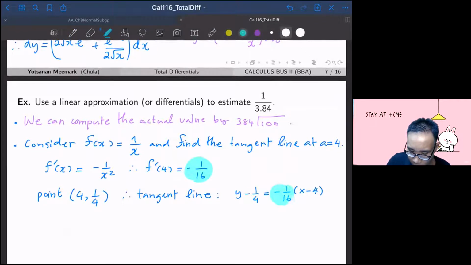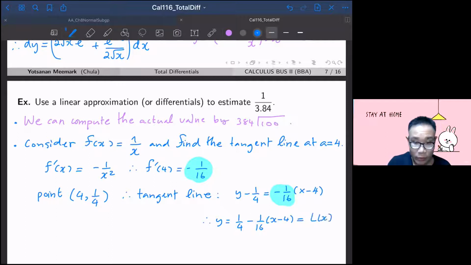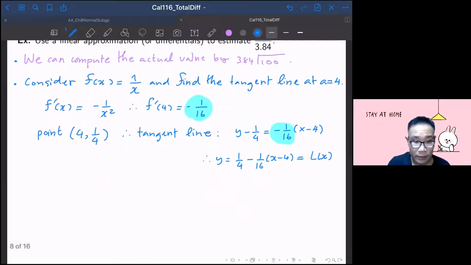Slope equal to negative 1/16. And you see that you have y equal to 1/4 minus 1/16 (x minus 4), and this one becomes L(x). Okay, so this one will become L(x).